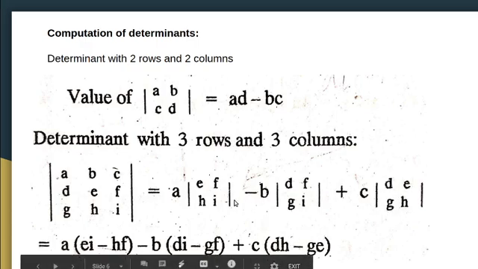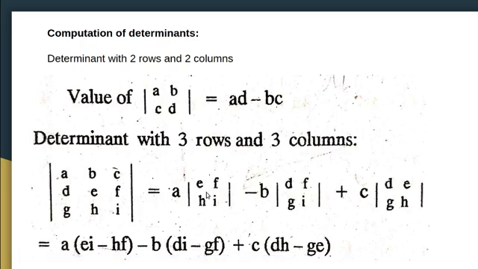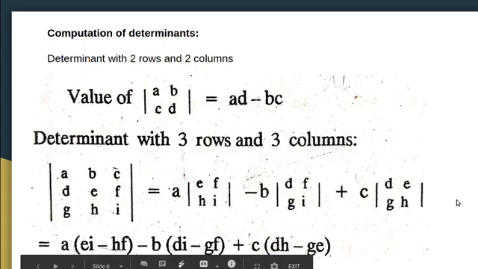So in the 2 row 2 column determinant, we cross multiply the elements and put a negative sign between the products of the cross multiplied elements. So this is the way of finding the determinant value of 3 rows and 3 columns.